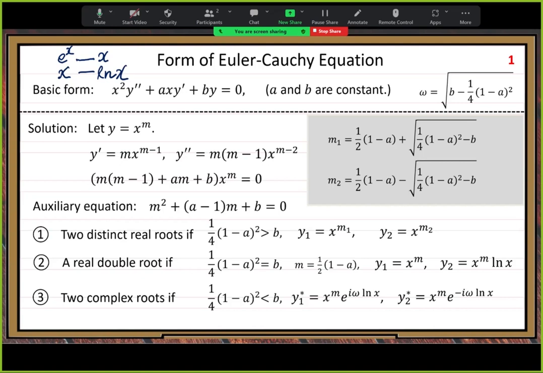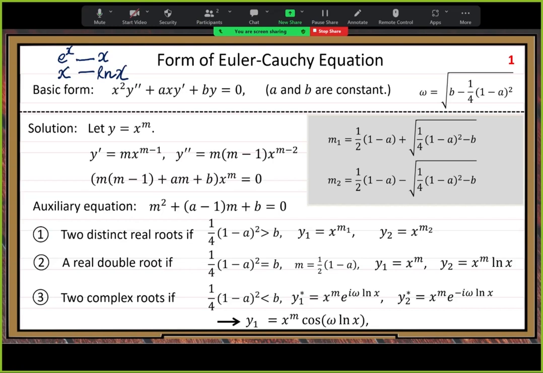Now, can you see our final version quickly based on the Euler formula? This one should not be that hard. Just replace the e function by cosine and sine. y1 equals x to the m, cosine of omega times natural log of x.